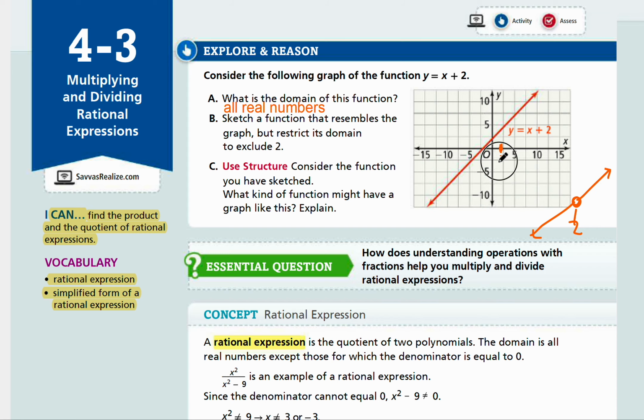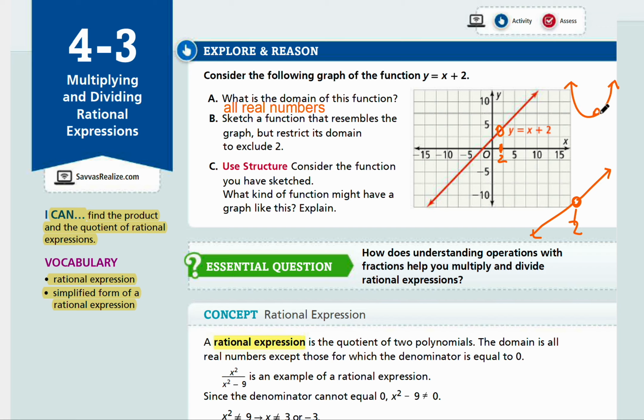So consider the function you have sketched. What kind of function might have a graph like this? So can you think of any other graphs that would have similar domain? Well, maybe you have a quadratic function with an empty circle at 2, right?